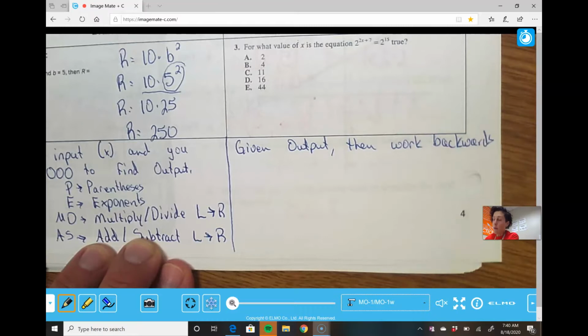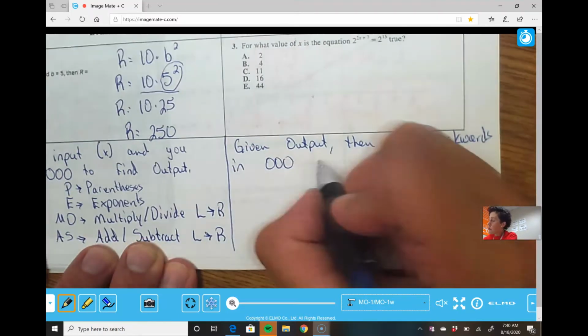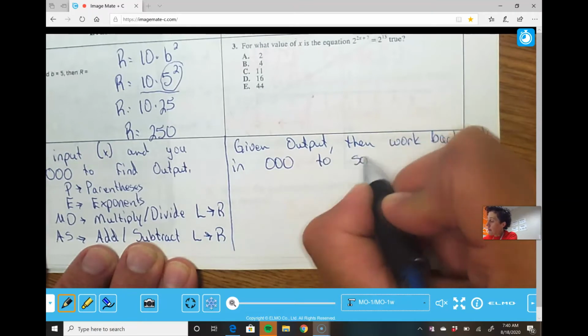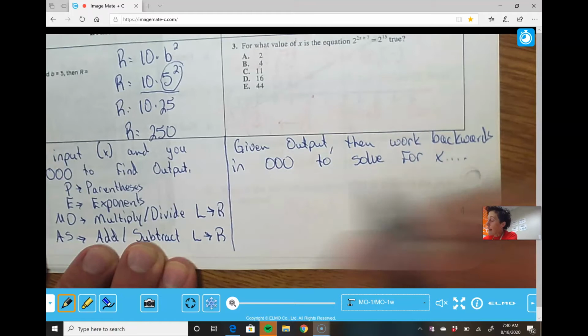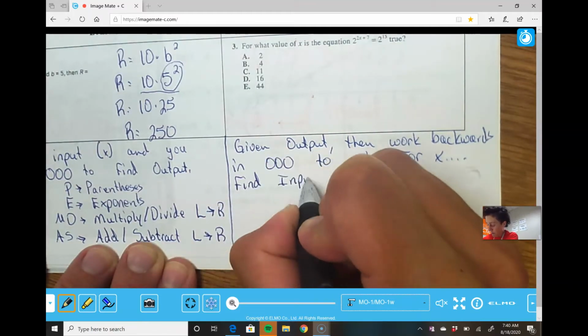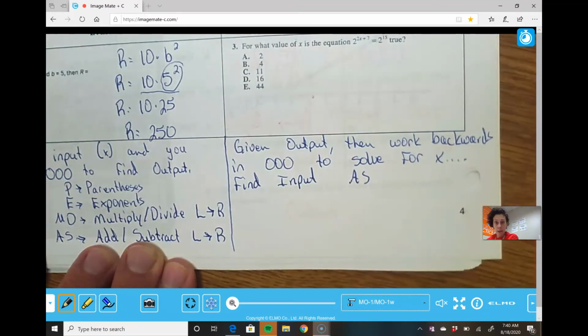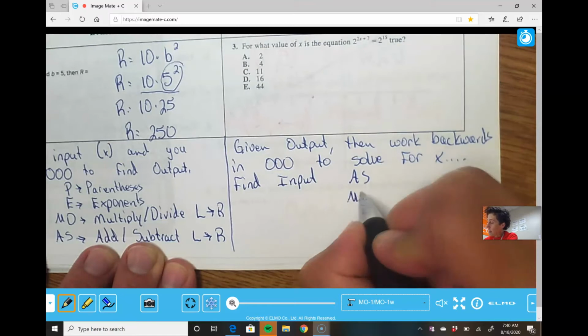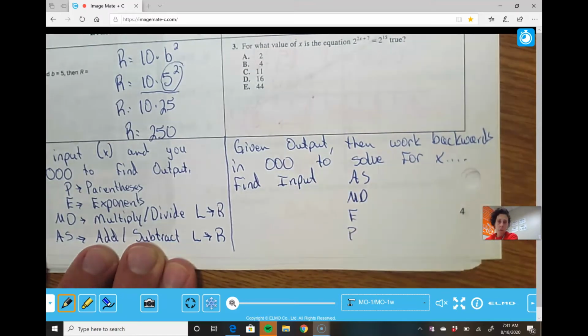You're going to work backwards in your order of operations to solve for x. So to find your input. So that means we're going to work with our addition and subtraction first, then our multiplication and division, then our exponents, and then we'll deal with stuff that might be in the parentheses, okay?